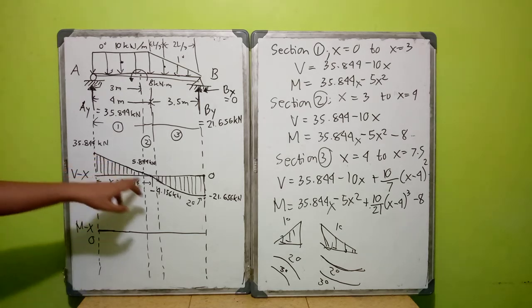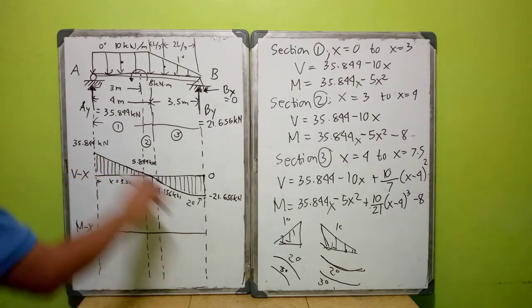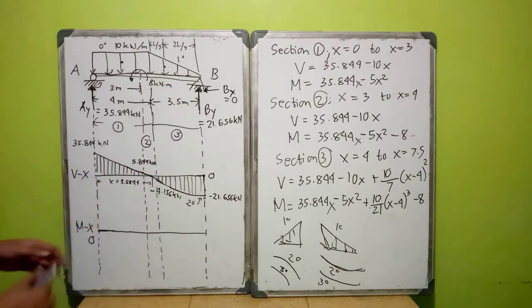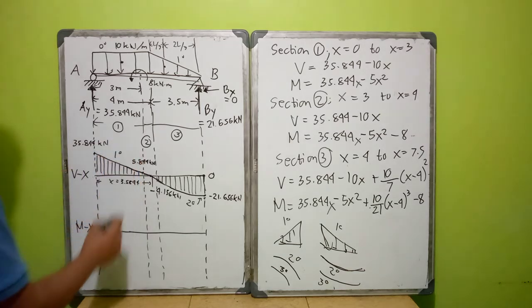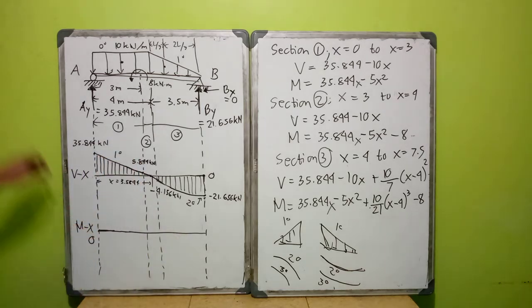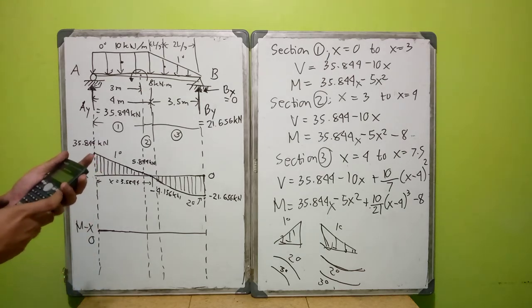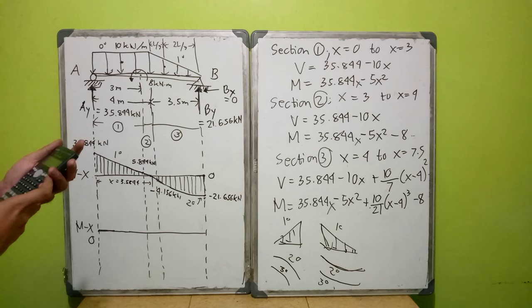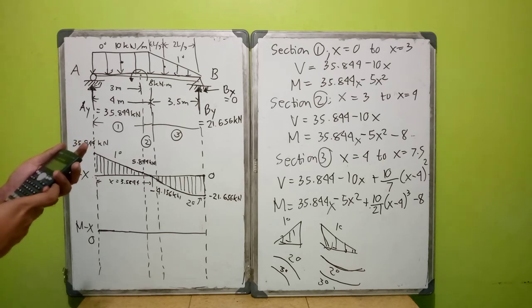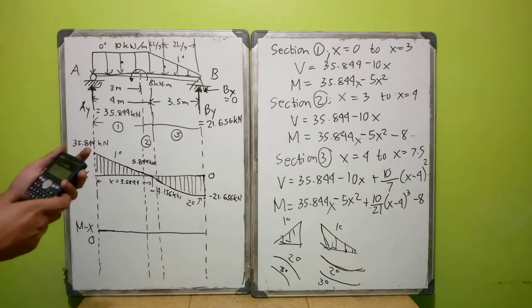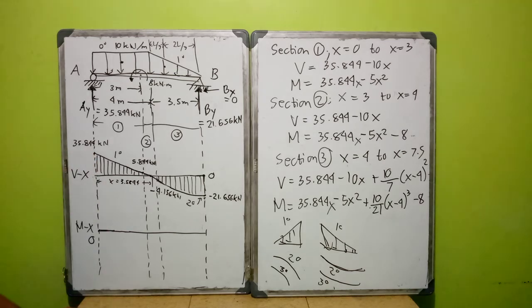So, since this is a negative, it is spacing at this moment, so we will have a flattened curve. Since this is a 1 degree curve, it will be a flattened 2 degree curve. So it starts at 0, and then when x is equal to 3, you will have 62.532.